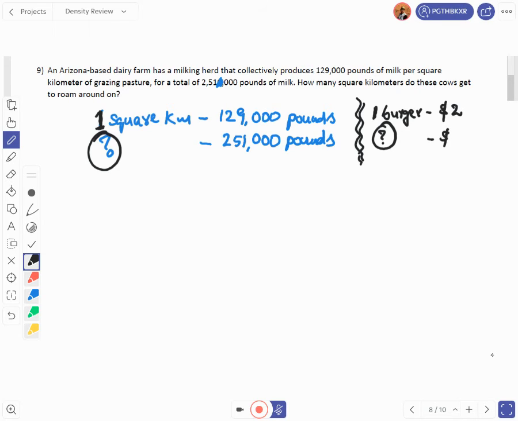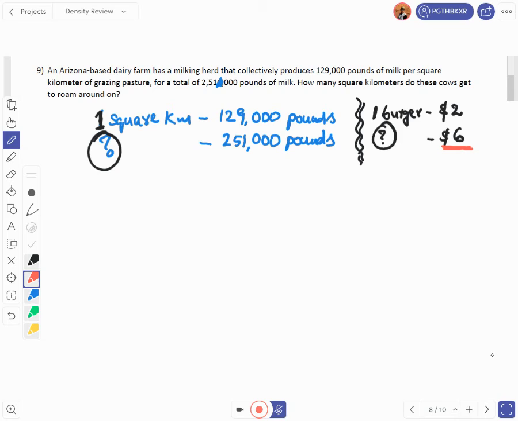You can take some number like $6. I suggest you take numbers within 1 through 10, so it's very easy to guess. If you have $6, each burger costing $2, then how many burgers can you buy? The answer is 3 burgers.